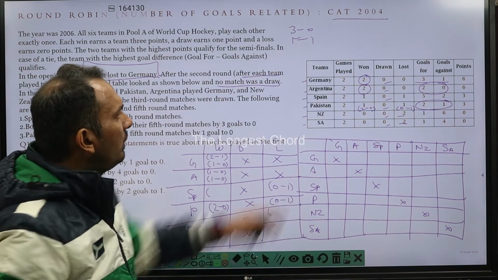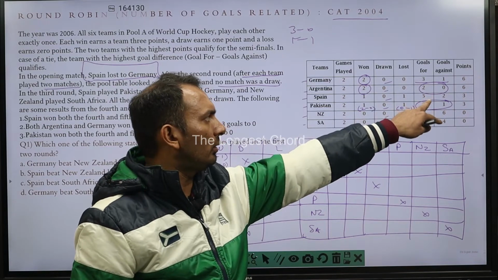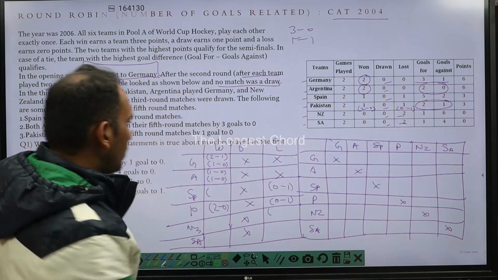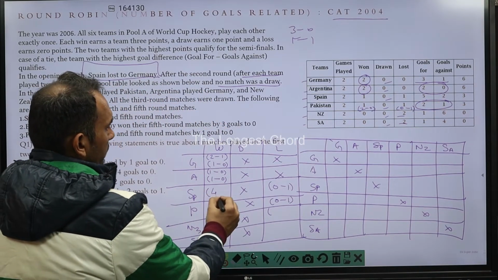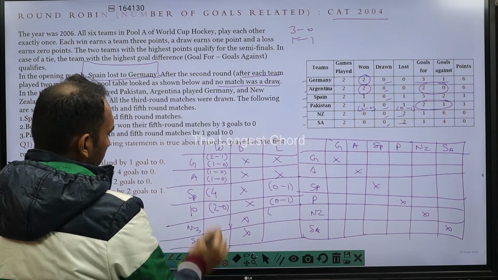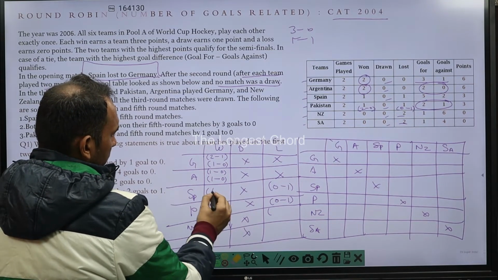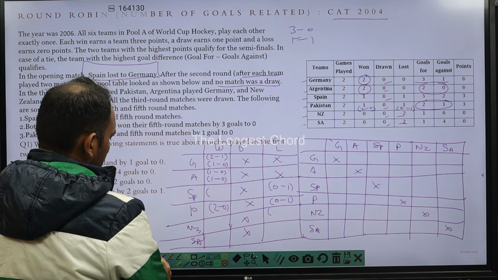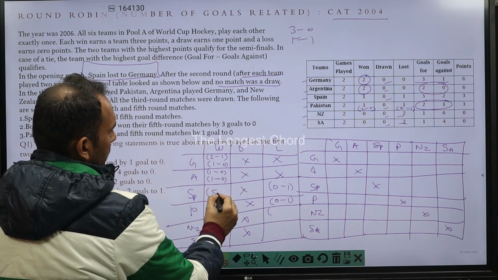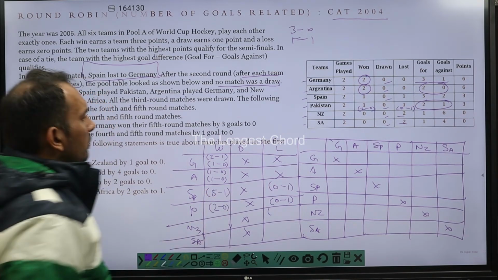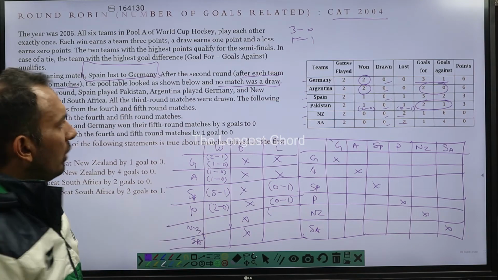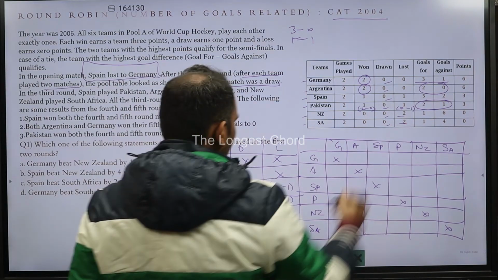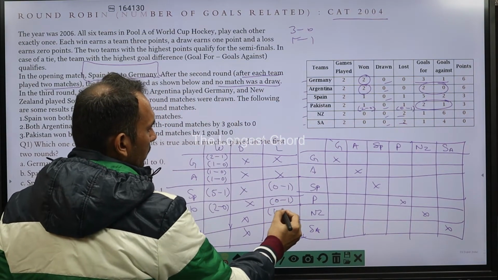So if Spain is losing 0-1 here, the other one has to be 4-1. Not 4-1, it has to be 5-1. So 5-1, now 1-5, we cannot get 1-5 from here. So 1-5 has to come from here only.